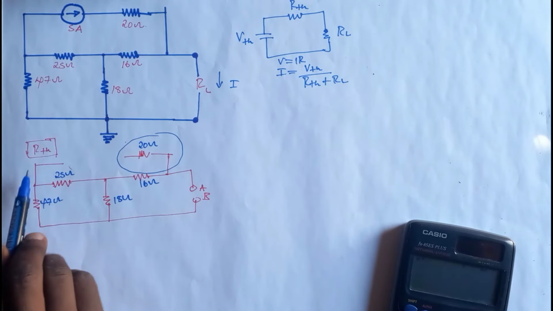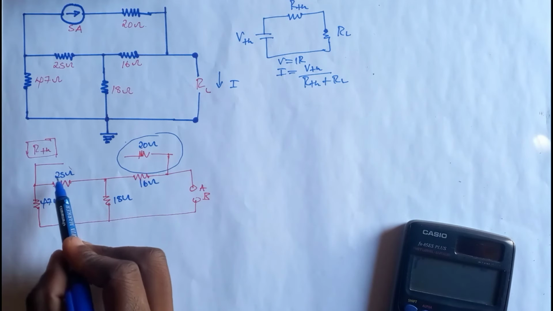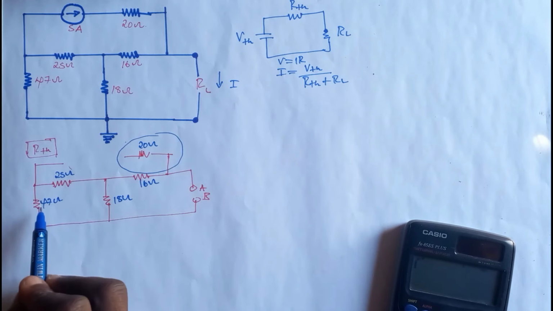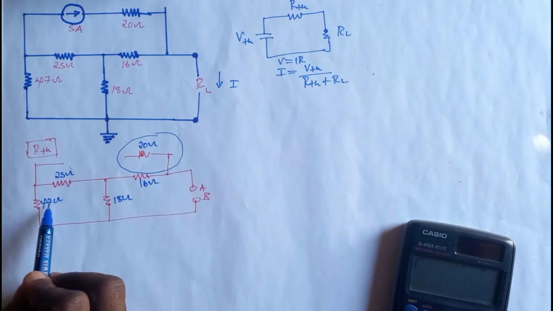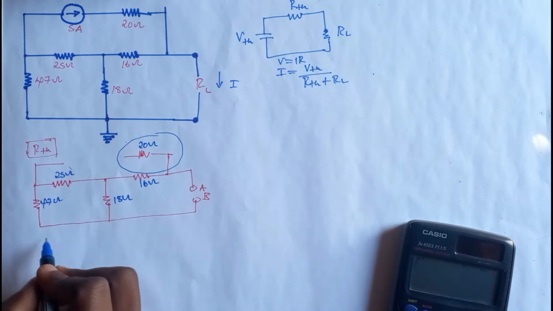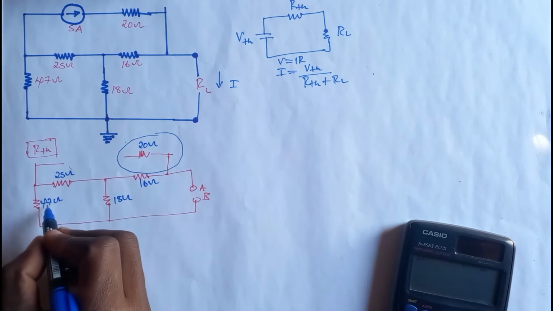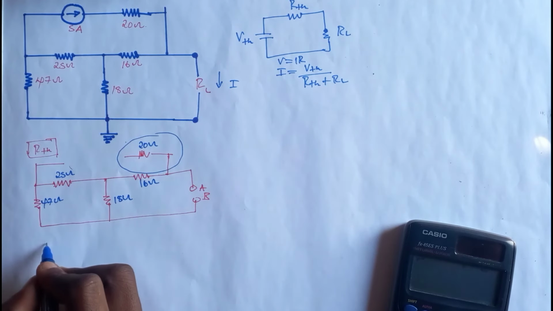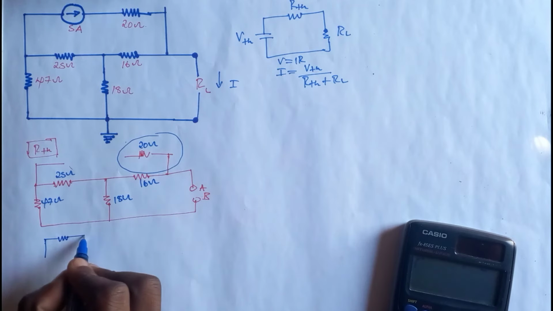It's open here, this is just a wire, so the 25 ohm resistor is in series with the 47 ohm resistor. I can draw another circuit.